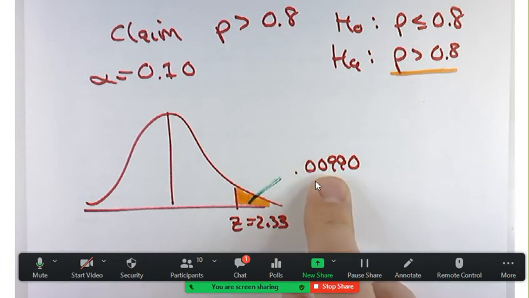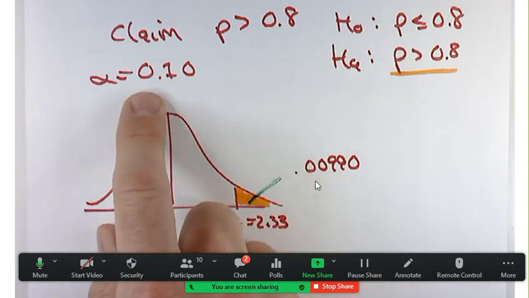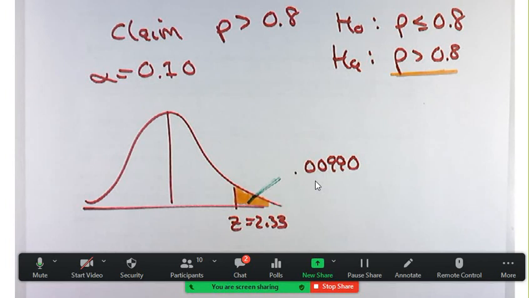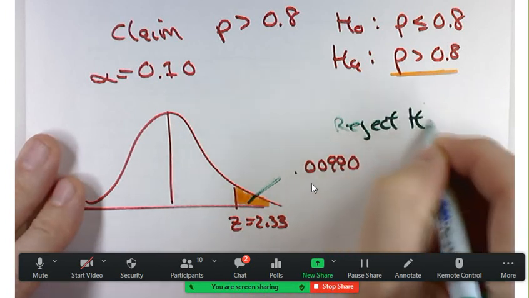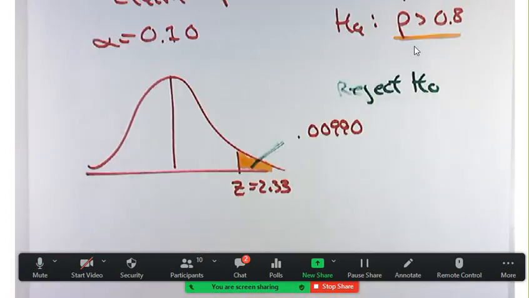If the p-value is low, finish the sentence for me. H naught must go, right? So if this is less than the value of alpha, then you're going to reject H naught. So that would be your decision here, is to reject H naught. Yay.